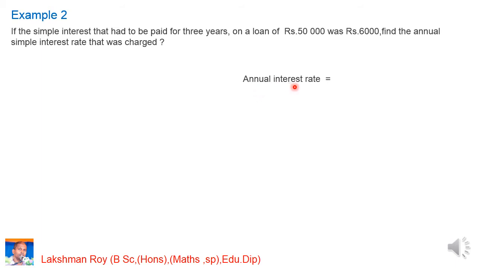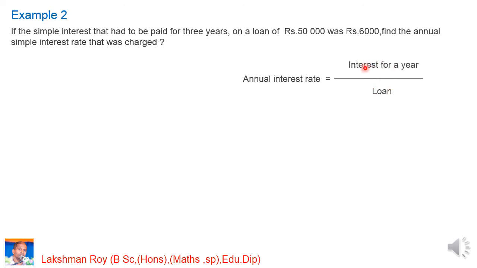The annual interest rate is what we want to find. So how to find the annual interest rate, students? Always, interest is calculated on the loan balance. So you should find the loan, and you should find the interest for this loan for 1 year.